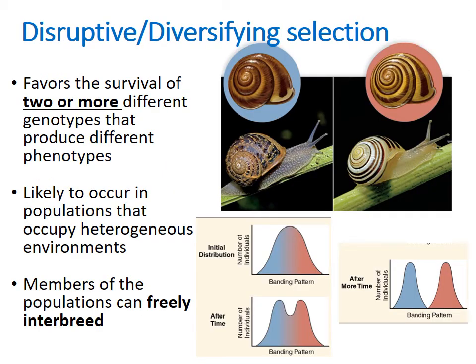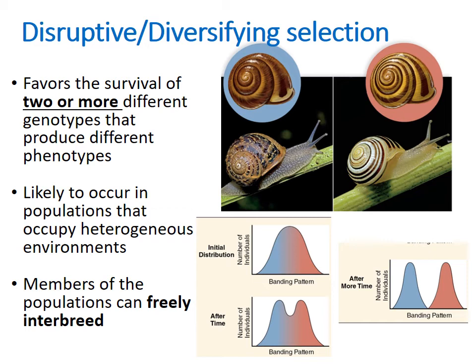With disruptive or diversifying selection, this is when two or more different genotypes that produce different phenotypes are favored. This is likely to occur in populations that occupy a heterogeneous, or not evenly mixed, environment. In this particular example, we've got two phenotypes of snails, one that does better in a wooded area and one that does better in a grassy area.